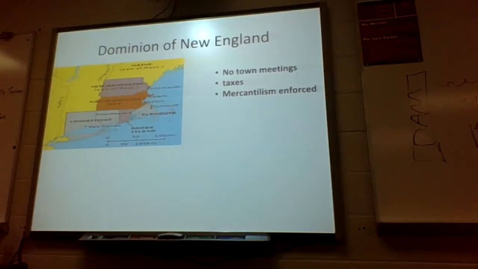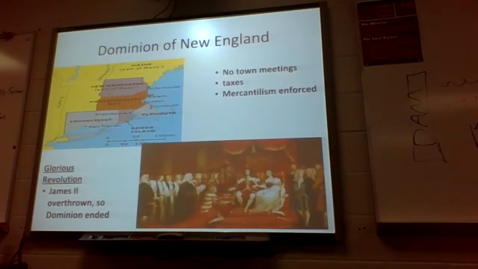There's a new we, they just starting to emerge. Yes. New Englanders, yeah. I think you're right. Actually, I think that's a really good thing to observe, and that is they didn't see themselves as Americans yet. They did see themselves as New Englanders or whatever colony they lived in. That's very good. Okay. Let's keep going here.